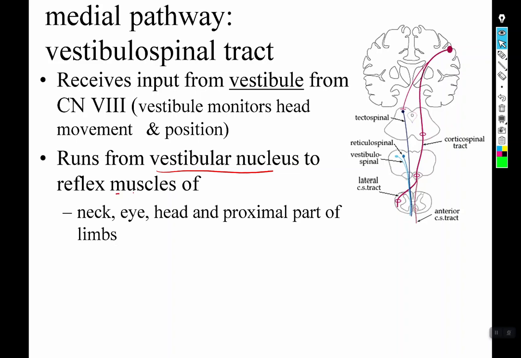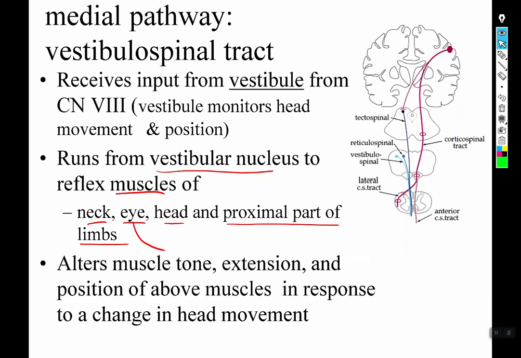And these are going to, for example, for the eye, make visual changes to maintain balance or orientation, as well as the head and neck and the upper limbs as well. So things like putting your arms out to sort of stabilize yourself in response to the feeling of falling down.